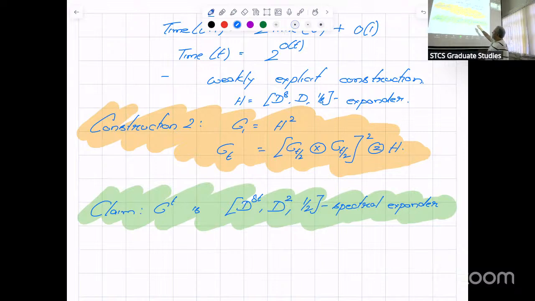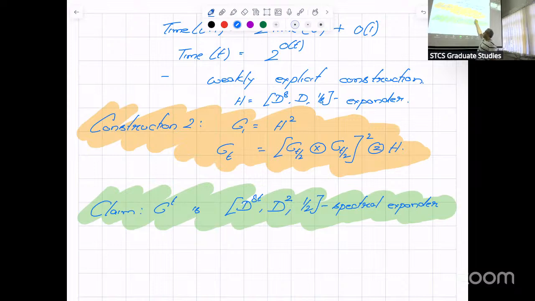Let's just check why we can do this zigzag product. To do this zigzag product, the degree of this graph should be equal to the size of H. H has d power 8 vertices. So let's ask what's the degree of G t by 2? The degree of G t by 2 is d square. Therefore, when I take the tensor product, the degree becomes d power 4.